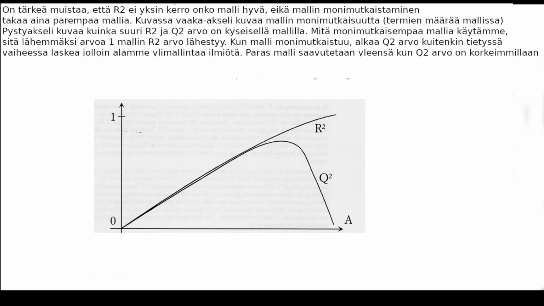The more complicated model you use, the closer the R-score approaches 1. When you get a more complicated model, the Q2 value starts to decrease after a certain period. Then we start to overfit our data. The best model is achieved when the Q2 has its highest value.